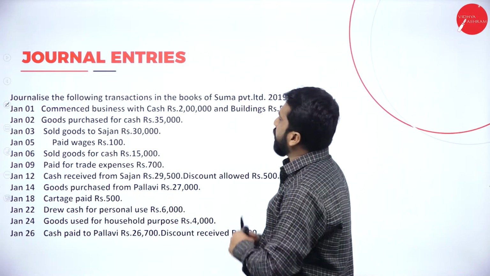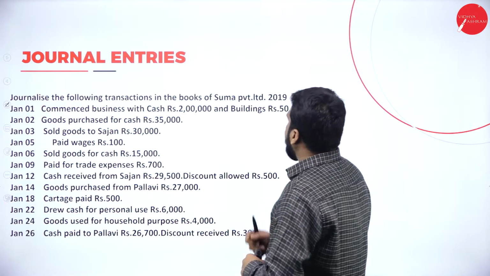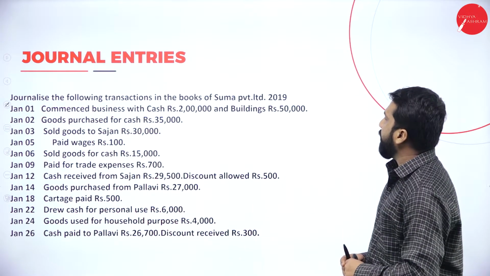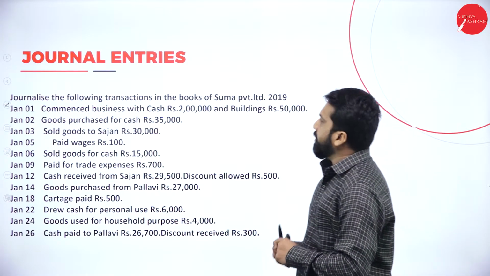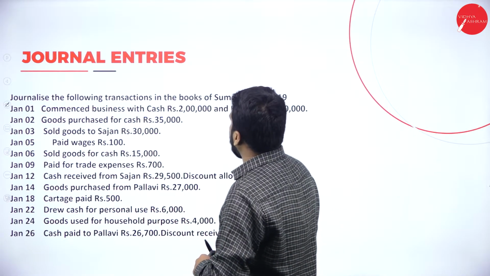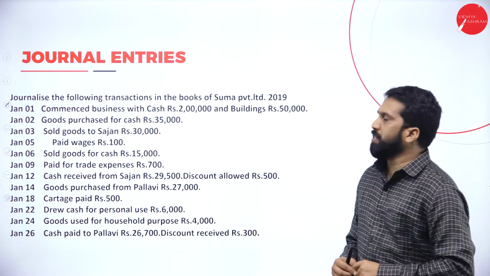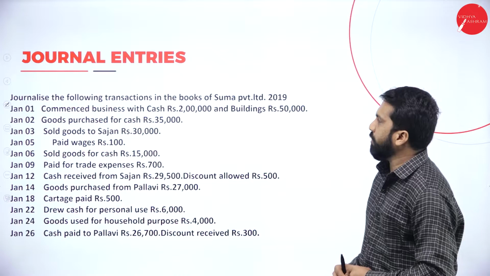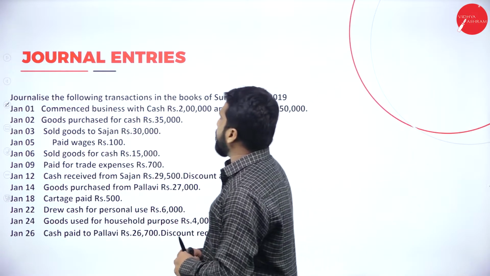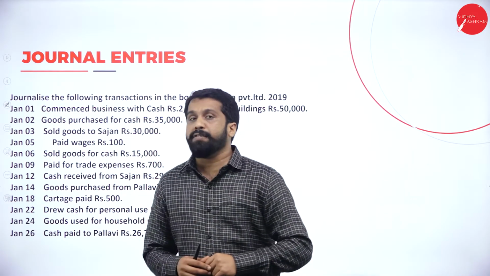Now, journalize the following transactions in the books of Suma Private Limited, 2019. Commenced business with cash rupees 2 lakh, building rupees 50,000. I'll come back to that later. Come to the second one. Goods purchased for cash 35,000.